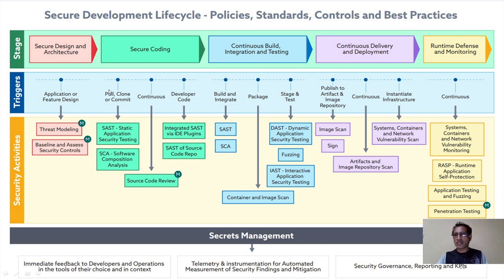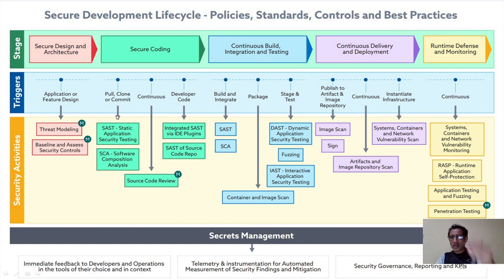This is continuous already, right? So we'll see that all the parts are continuously happening. And of course, agility, security, and continuous monitoring are the characteristics of this architecture, as I mentioned since early.